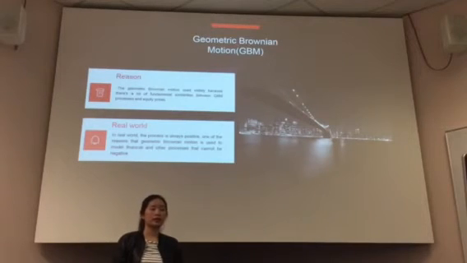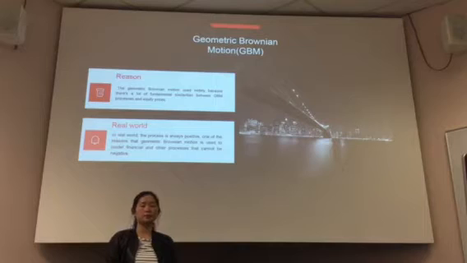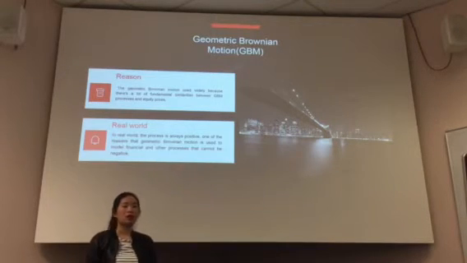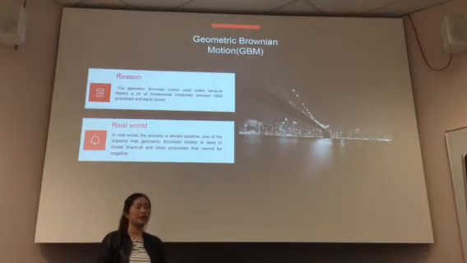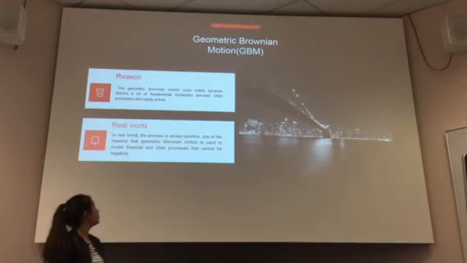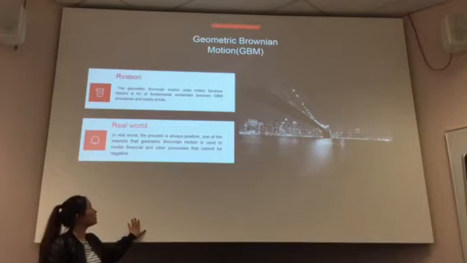The expected returns for the geometric Brownian model process are independent of the values of the process, just like it happens in the real world. And in the real world, the process is always positive.